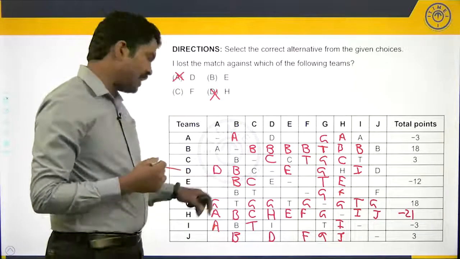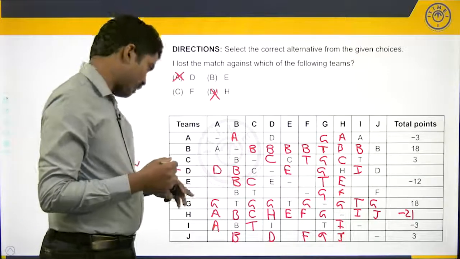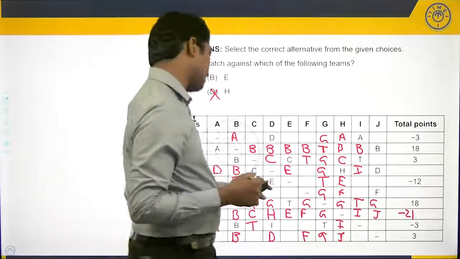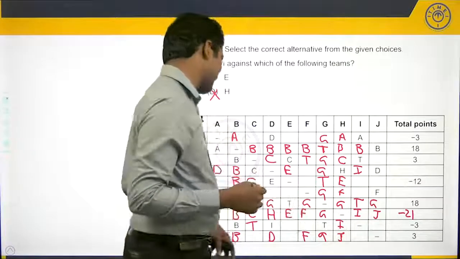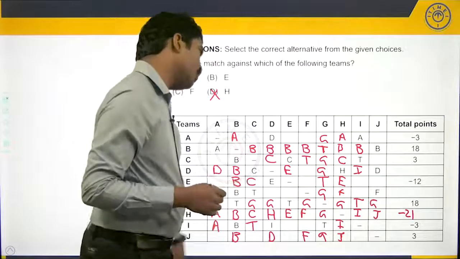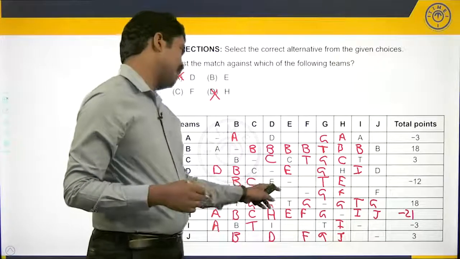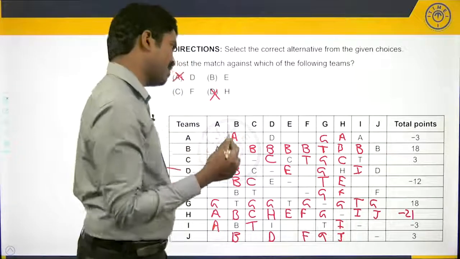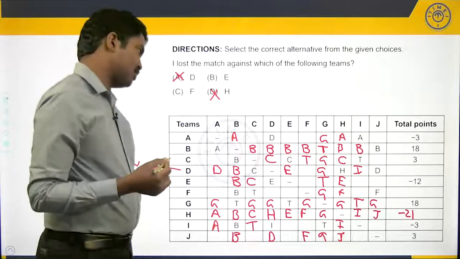Let's look at the score of E. E has a net score of minus 12 points. Okay. E has 2 wins. 2 wins is 3 plus 3, 6, and 2 losses. Right. With B and C, E is losing and E won 2 matches here. 2 wins is 3 plus 3, 6. 2 losses is minus 6, 0.